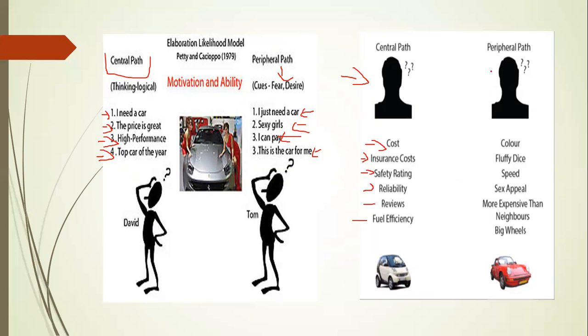But when it comes to the peripheral path, it is illogical things: the color, fluffy dash, speed, sex appeal, more expensive than neighbors, big wheels. These are all illogical things we see with the peripheral path. It's all about cues that carry a desire or a fear about the product. But with the central path, there is total elaboration, the knowledge we have, and all the thinking is logical.